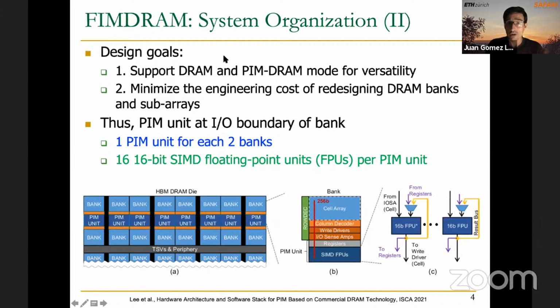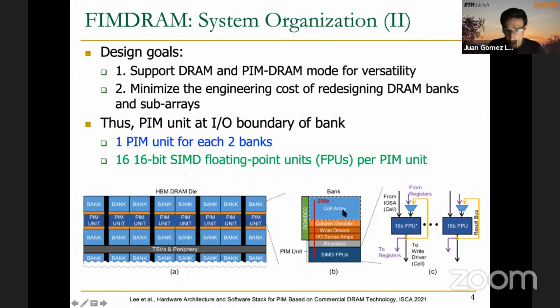Regarding the internal organization of the FIMDRAM system, in each of the HBM layers, Samsung has placed these PIM units in between two banks. Each of these PIM units has access to two of the banks, one odd number and one even number bank.